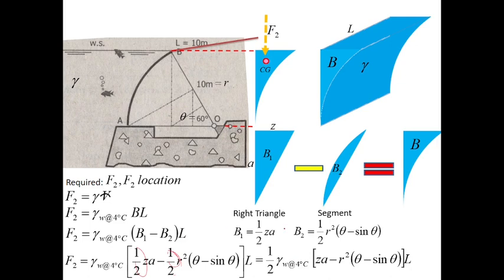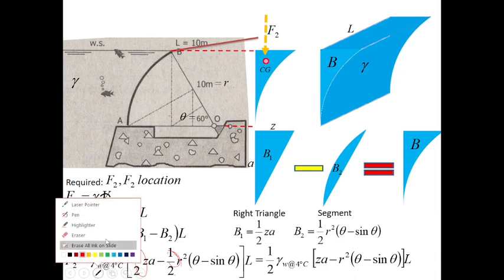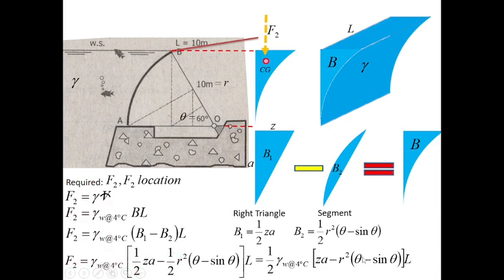Tapos matitira dito sa loob ng bracket ay ZA minus r squared theta minus sine theta. Okay? Then multiplied by L.